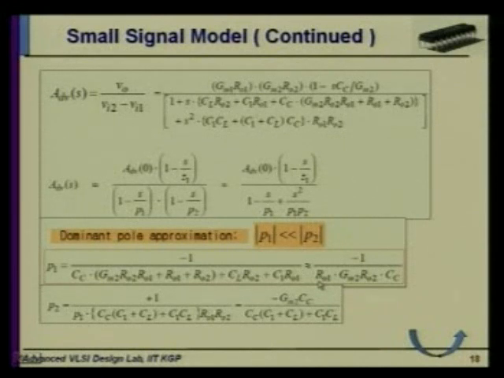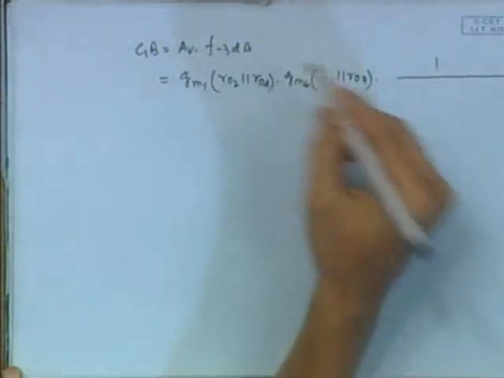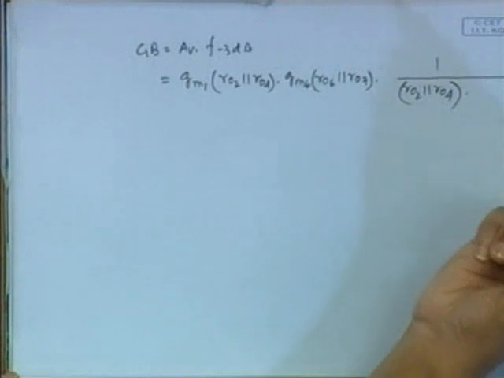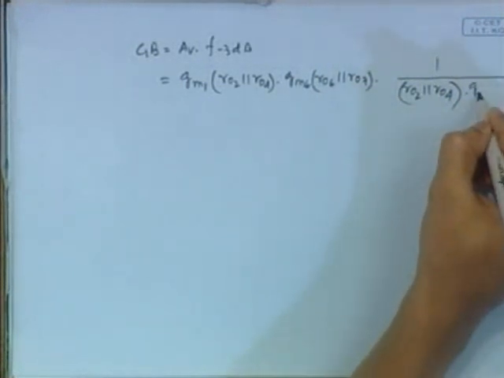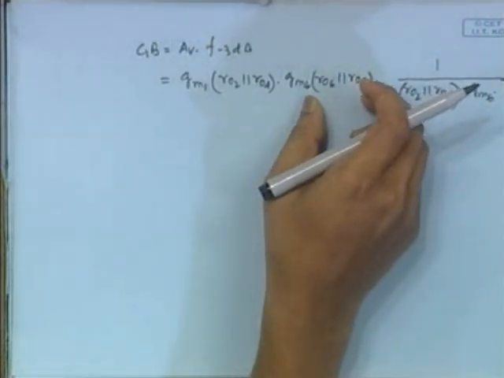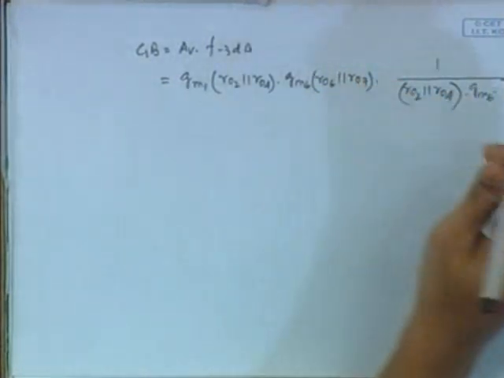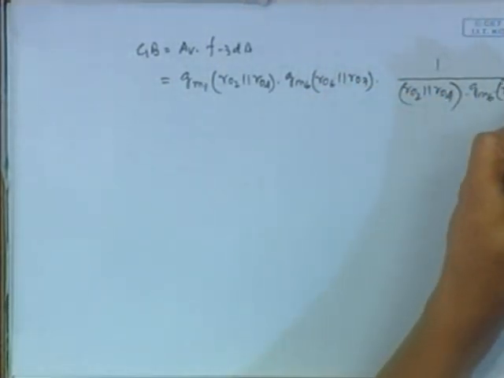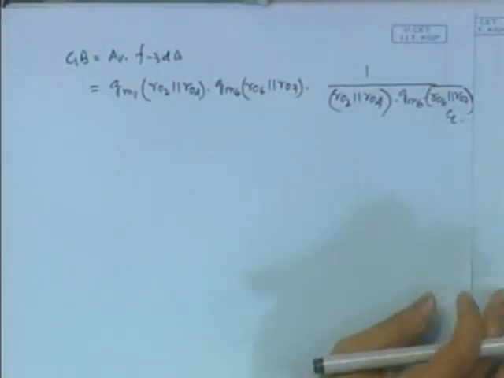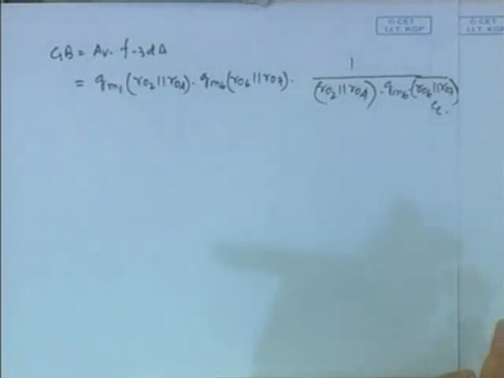Capital R01 means small R02 parallel R04, equivalent of those two. So I am writing that equation. For P1, this is R02 parallel R04 into capital GM2 means small GM6. What about capital R02? R02 basically the parallel combination of R06 and R07, equivalent resistance of those two. So R06 parallel R07, and at the end there is a CC.